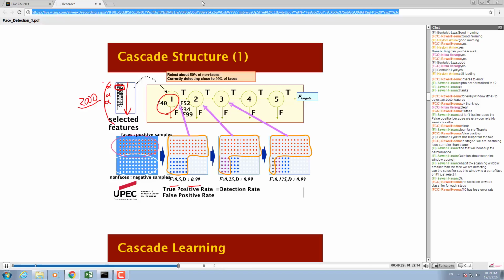This is kind of a learning process, right? So we input all the samples and we can calculate the detection rate and false positive rate. If the detection rate is larger than 99% and the false positive rate is less than or equal to 50%, 0.5, then it is satisfying the condition. Make sense?